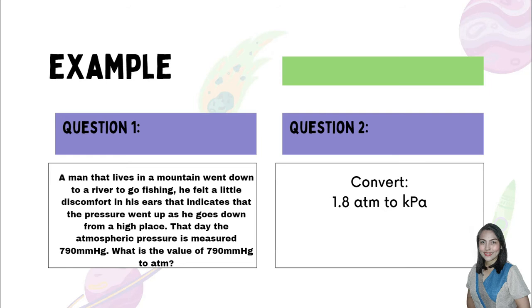He felt a little discomfort in his ears that indicates that the pressure went up as he goes down from a high place. That day, the atmospheric pressure is measured at 790 millimeter mercury. What is the value of 790 millimeter mercury in atm? And question number 2, convert 1.8 atmospheric pressure to kilopascal.